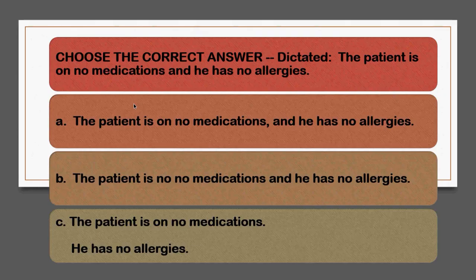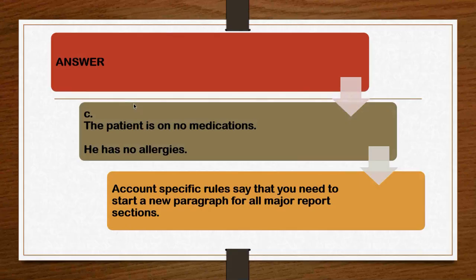If the noun follows, it changes things. Okay, so how about this one? This one is dictated: the patient is on no medications and he has no allergies. What is the correct way to format that? Okay. C. You make a new paragraph.